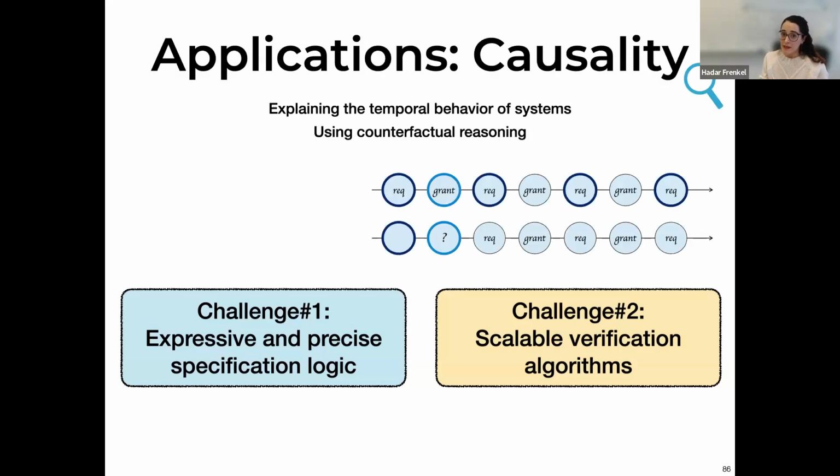In causality, we're interested in explaining temporal behaviors of systems using counterfactual reasoning. For example, if we suspect that a request at the first step caused some grant later, then we will negate it and check what happens. This is a very, very big simplification of our work.